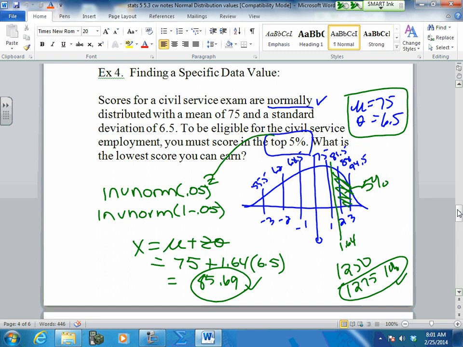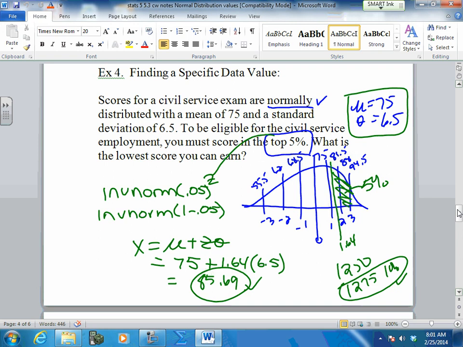This year's group may have a higher mean than last year, may have a larger or smaller standard deviation, may have a lower mean. So each group that takes that particular exam, they find their mean and their standard deviation and they make a cutoff. All colleges pretty much do that. So that's how we figure out all those pieces.